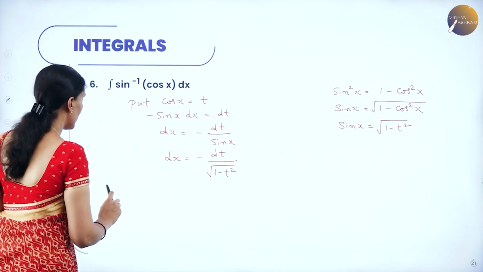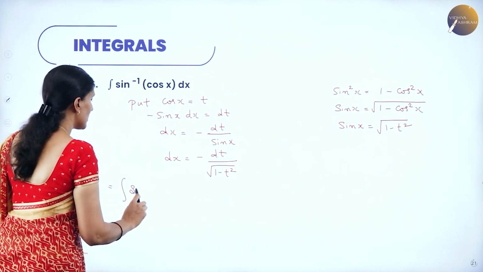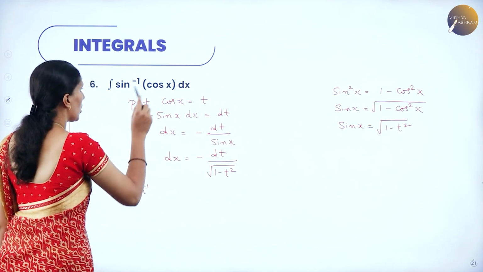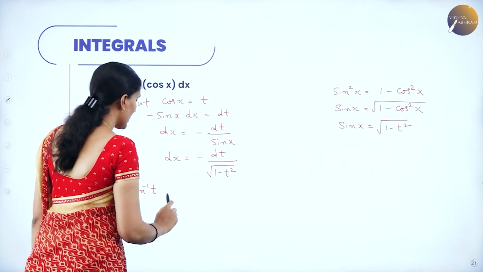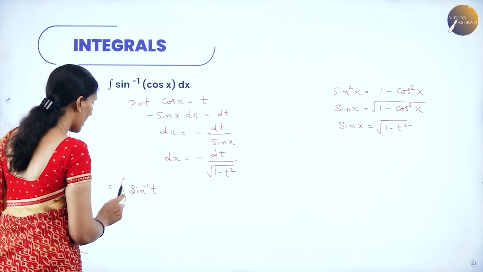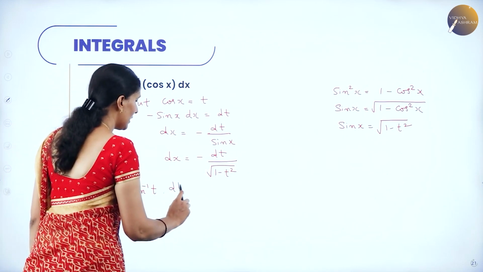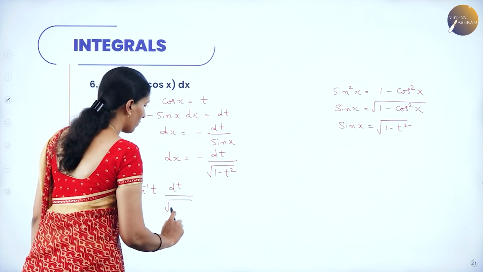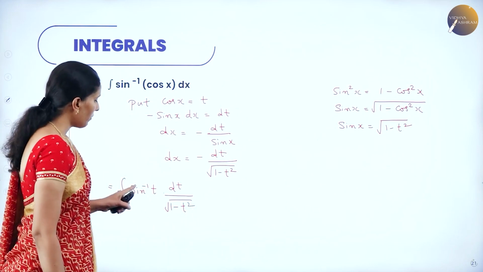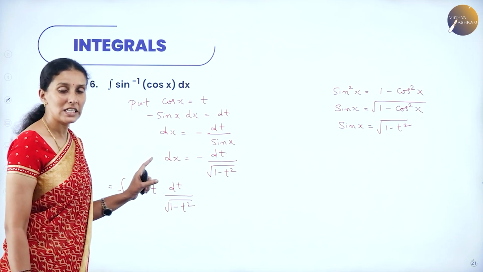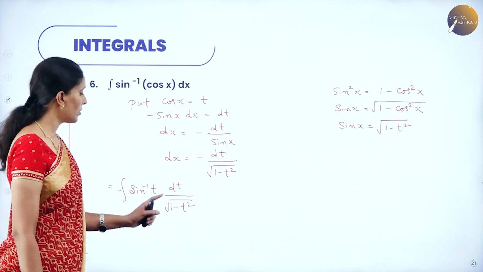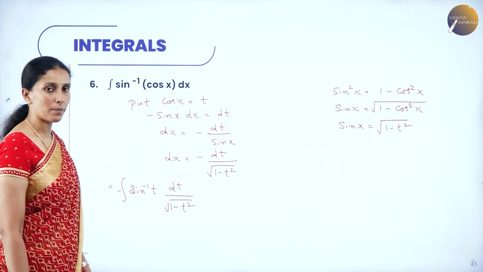Now here, the integral becomes sin inverse of cos x, which we have taken as t, dx can be written as minus dt, so I'll take minus outside, dt divided by root of 1 minus t square. Now you can see this f dash of x and f of x are in the same integral, which can be expressed again by substitution.